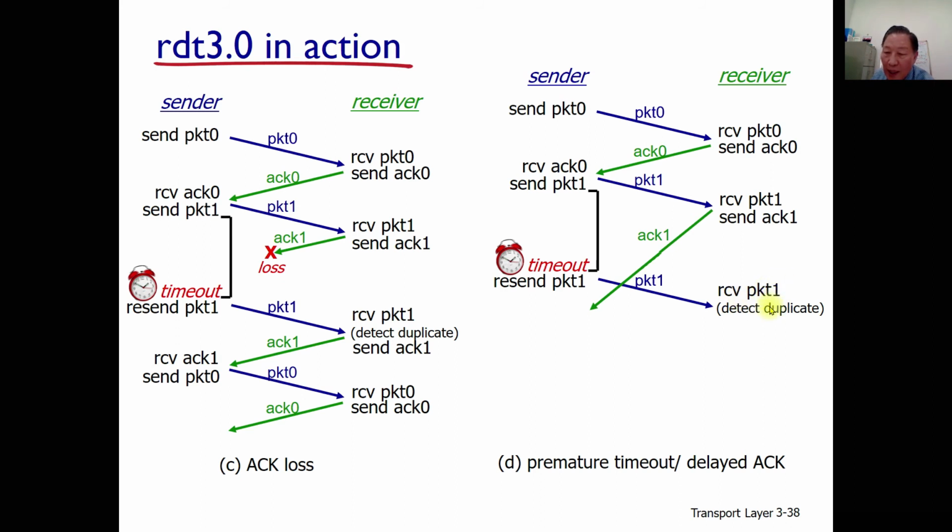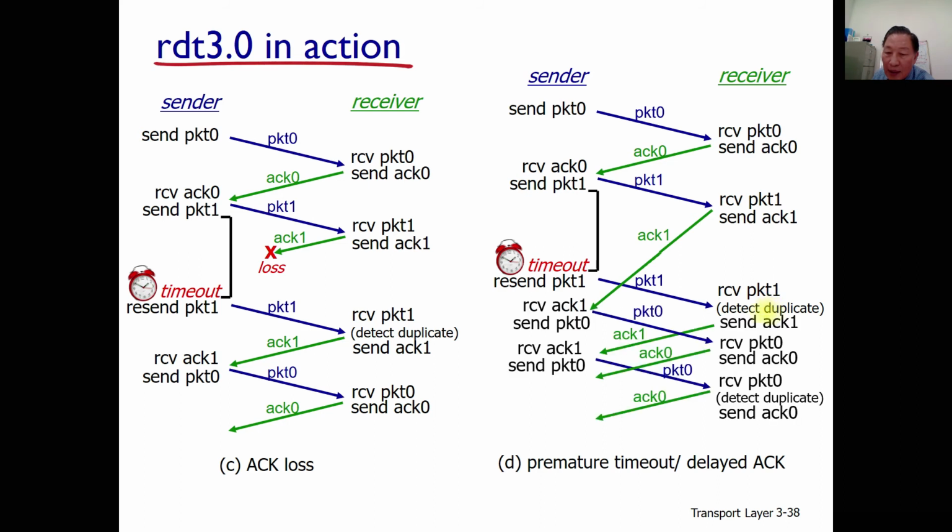But still this one sends the acknowledgement for that packet 1 again here. It sends acknowledgement 1, but again, even though this one is a duplicate packet, still it sends an acknowledgement for the received packet.